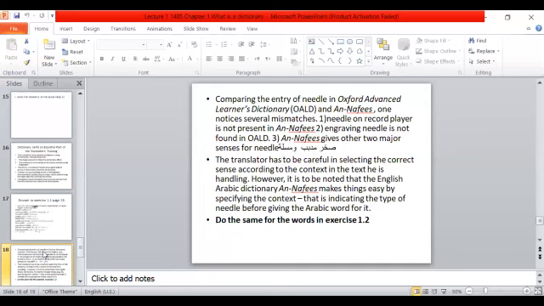Do the same for the words in exercise 1.2, which is on page 16. Exercise 2, page 16.